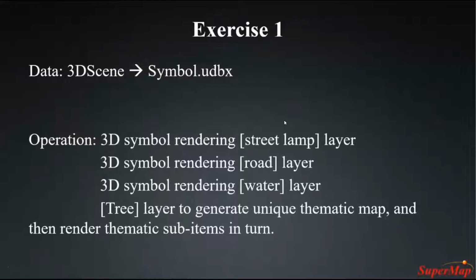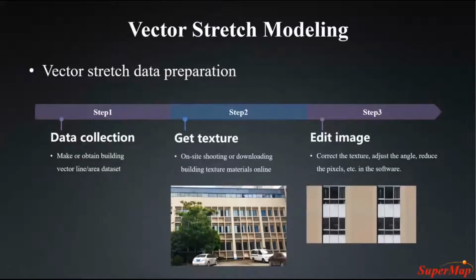Okay, I have come back to my PowerPoint, and that is our first exercise: to use 3D symbol rendering to render the street map, the road, and the water, and to make the unique semantic map for the trees. That's our first exercise.